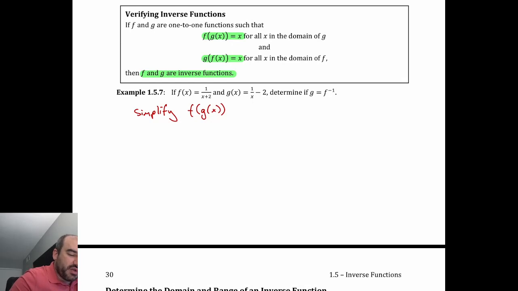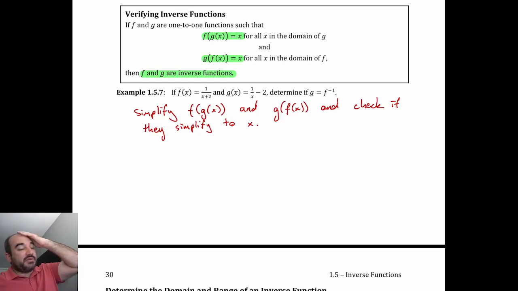So we should know how to do f of g of x and g of f of x, and check if they simplify to x. So we're going to do function composition. You're going to do f of g of x and see if that simplifies to x. And then if it does, you'll do g of f of x and simplify that one and see if that one also simplifies to just x.